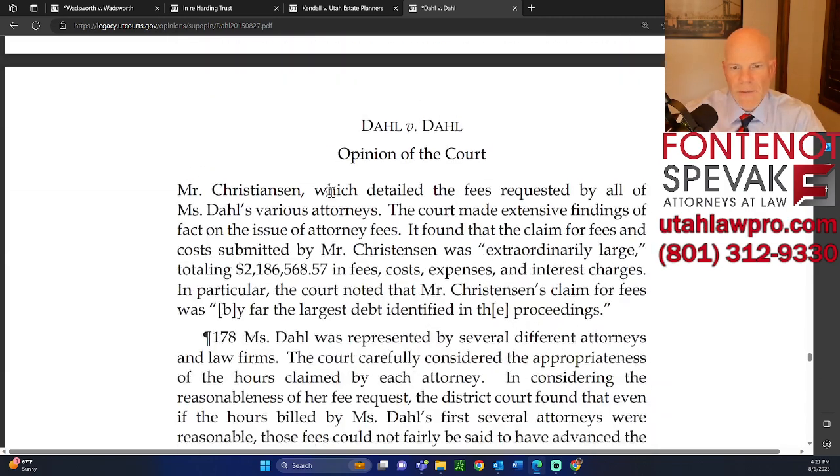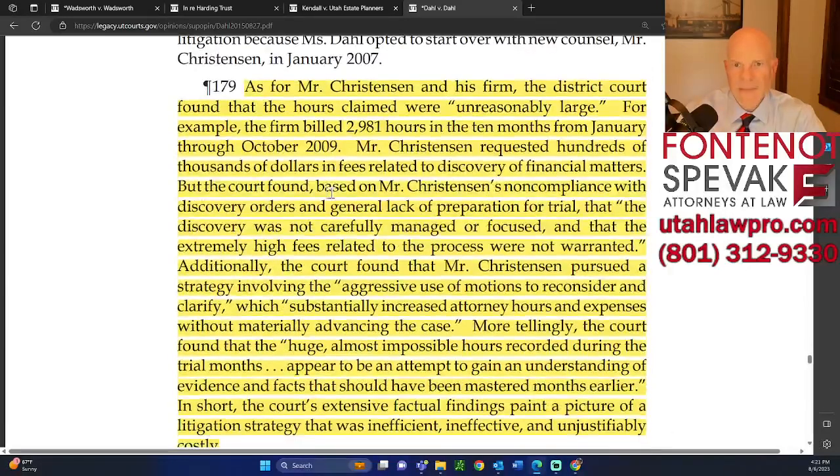Okay. So what happened when the court actually did apply the reasonableness test to the attorney fee claim for Ms. Dahl in this case? Let's just read this. As for Mr. Christensen and his firm, the district court found that the hours claimed were unreasonably large. For example, the firm billed 2,981 hours in the 10 months from January through October 2009.